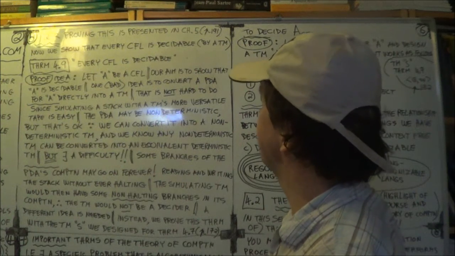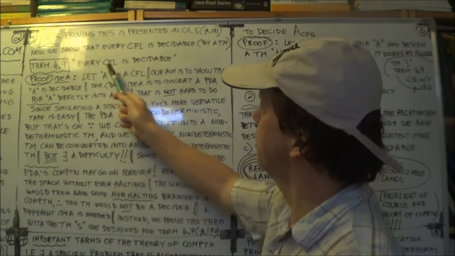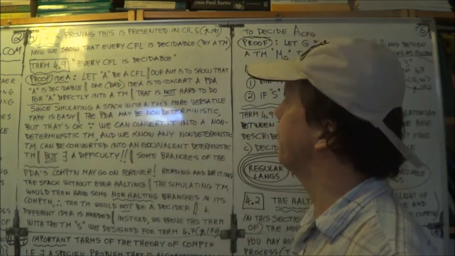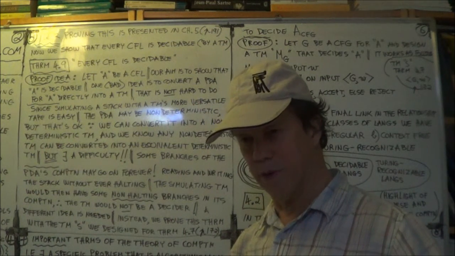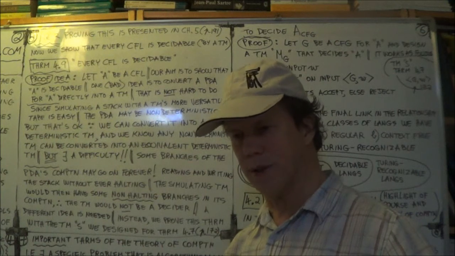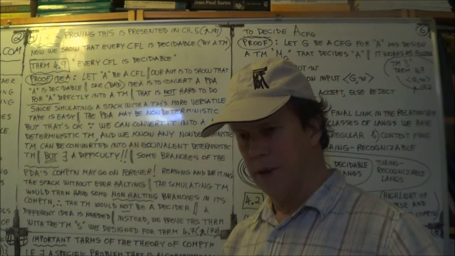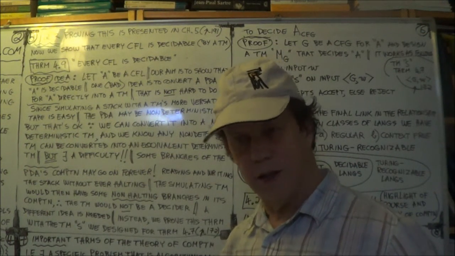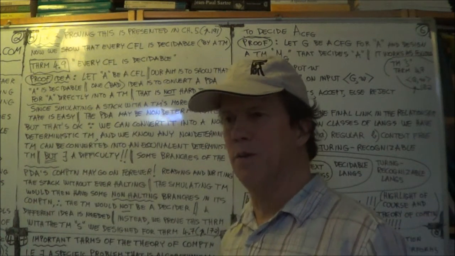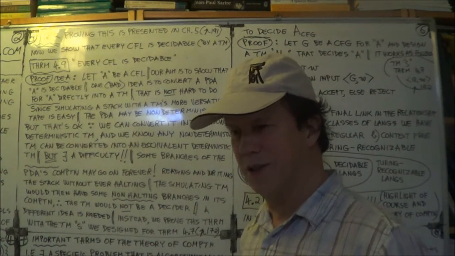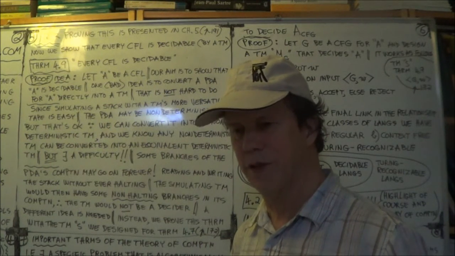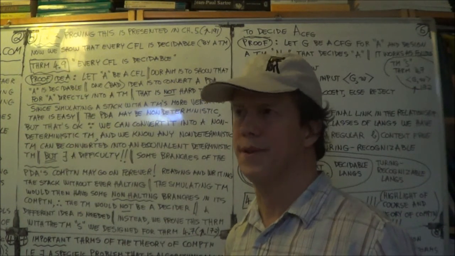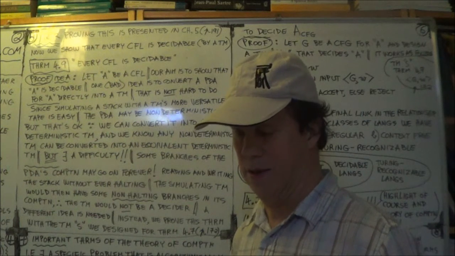So how to show that a context-free language is decidable? How to prove that? Again, a bit of revision, I've done this many times, but just to ram it home so you really get the message. What would that mean?